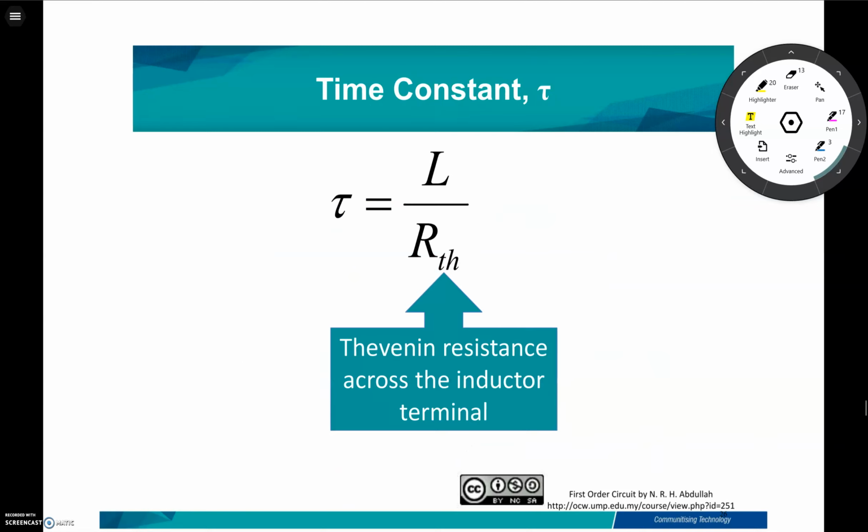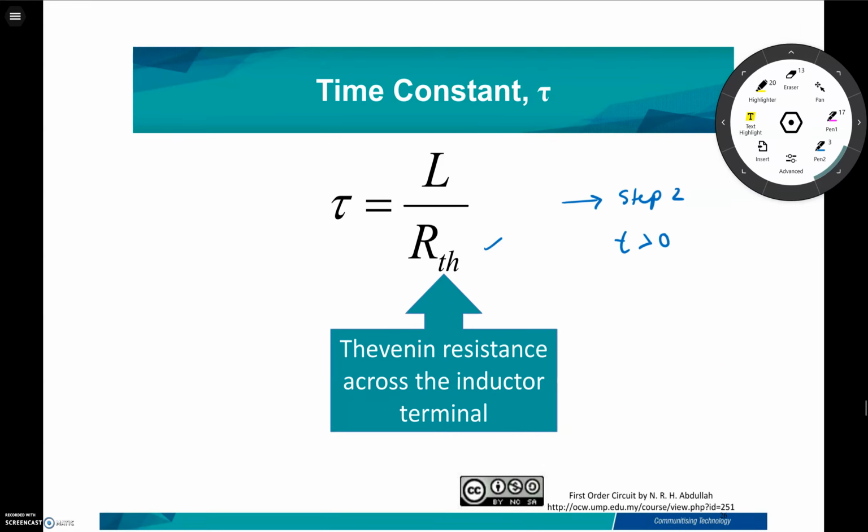The time constant tau is equal to L over R Thevenin, which is the Thevenin resistance across the inductor terminal. You can determine this tau and R Thevenin in step 2, which is when t is more than 0.